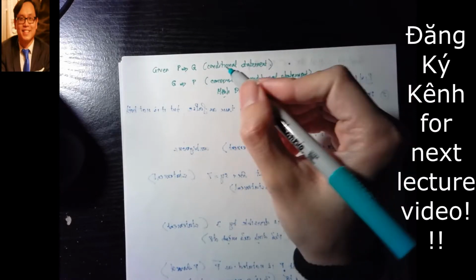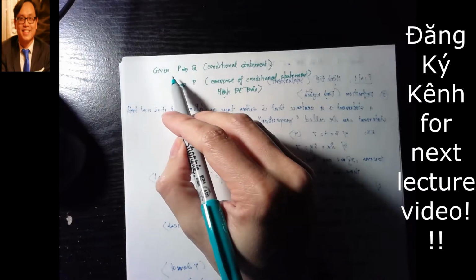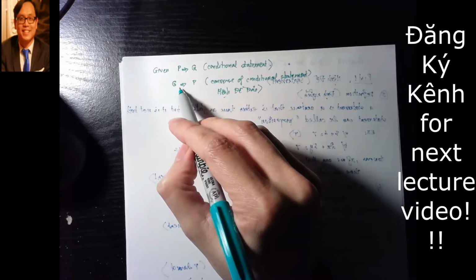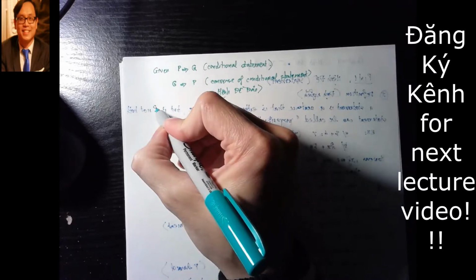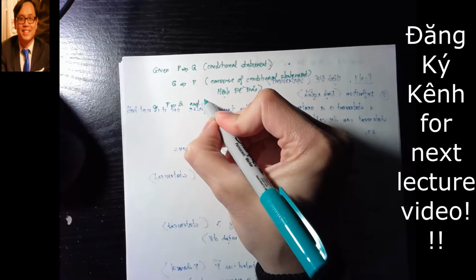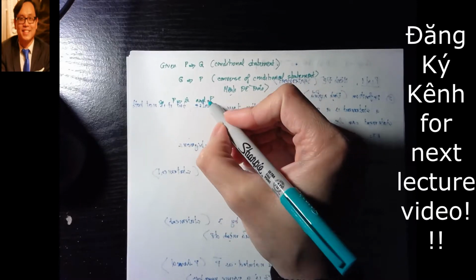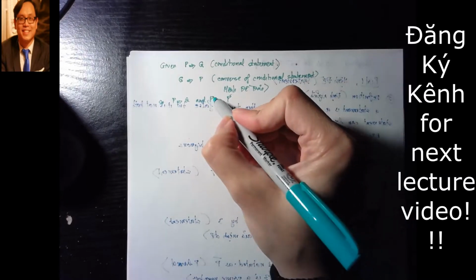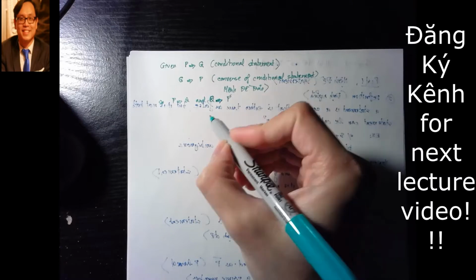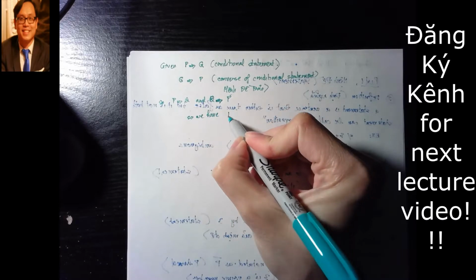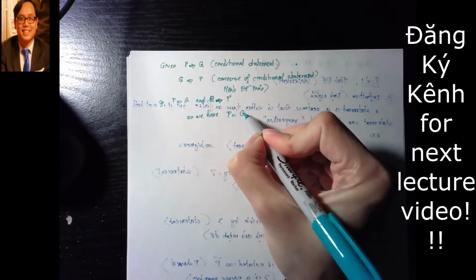And if we have a conditional statement P imply Q, and we have the converse of the conditional statement Q imply P at the same time, so P imply Q and Q imply P, then we have P equal Q. So cái này gọi là mệnh đề tương đương.